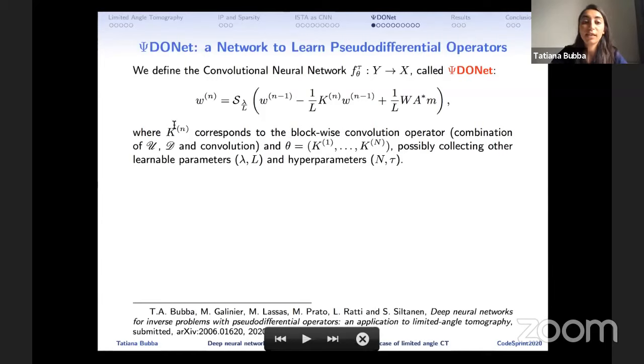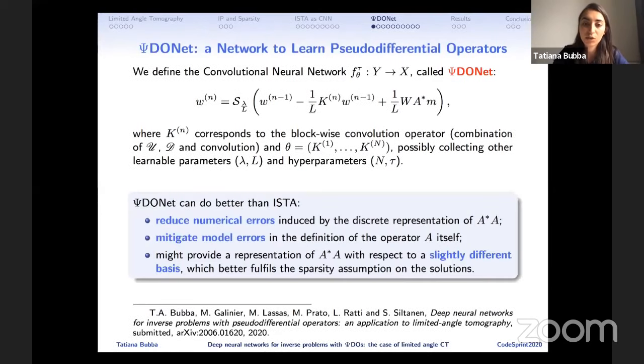But this K is described as a combination of the upsampling, downsampling, and convolution that I explained to you in detail with that example. In this vector theta, we can also put the regularization parameter and the step size, and the number of iterations and the tau that controls the size of our blocks are our hyperparameters.